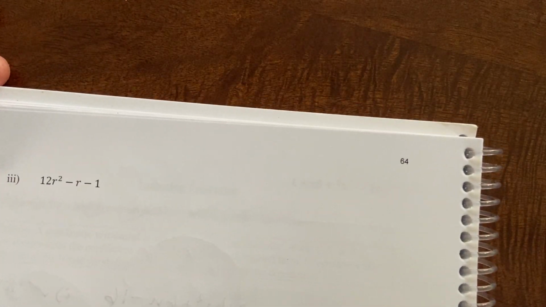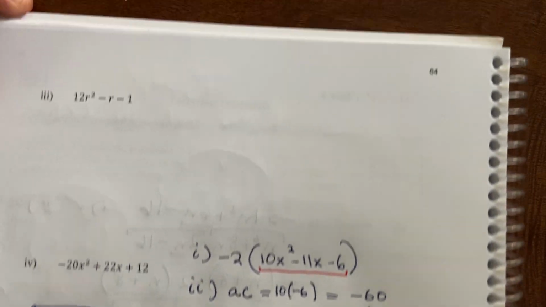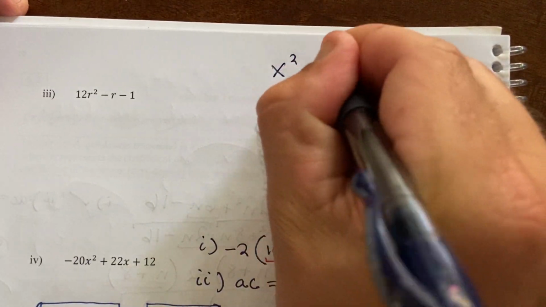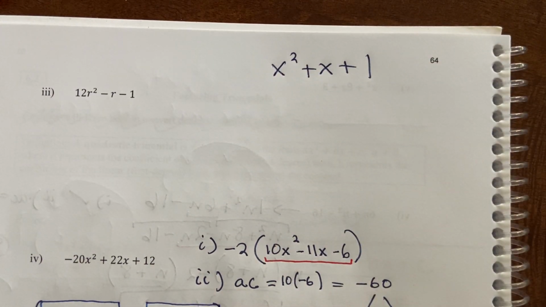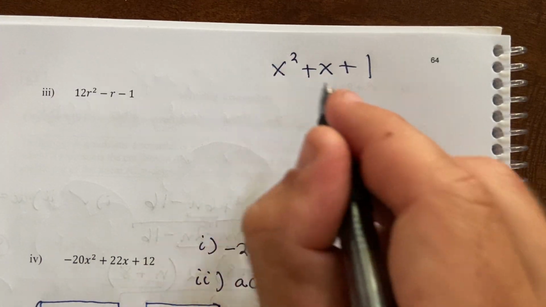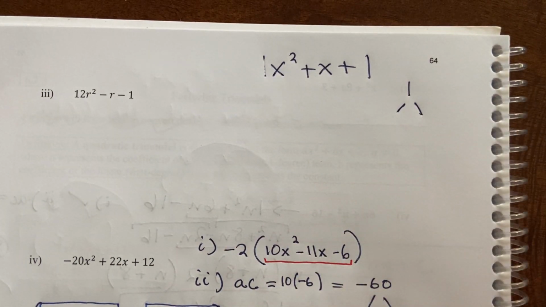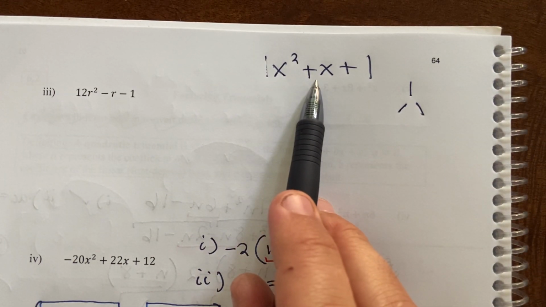I didn't have one that didn't work. So let me make up one here. What if we had x squared plus x plus 1? We would take A times C, 1 times 1, which is 1, trying to find factors that add up to 1.